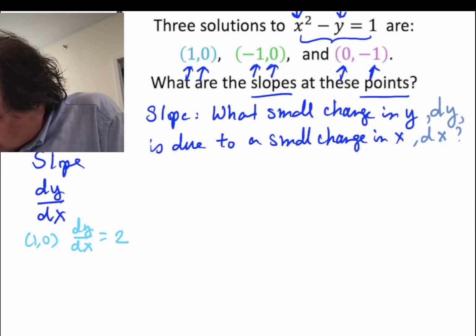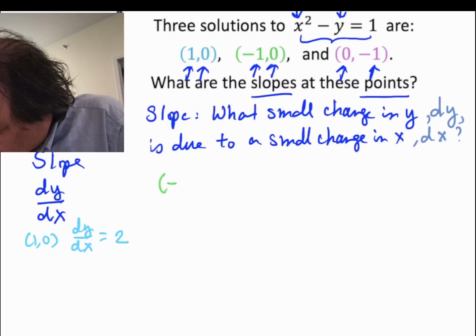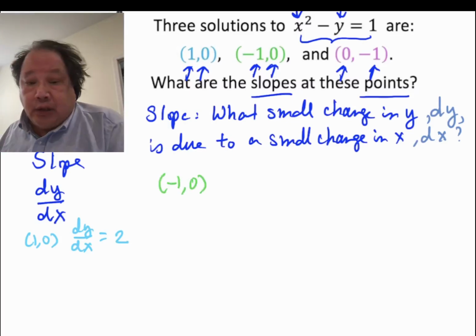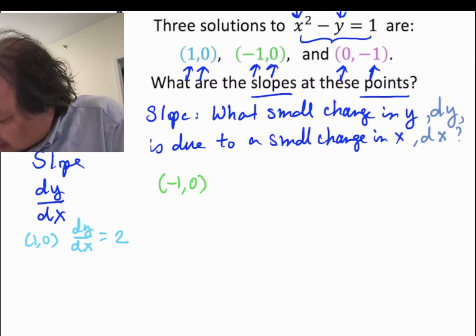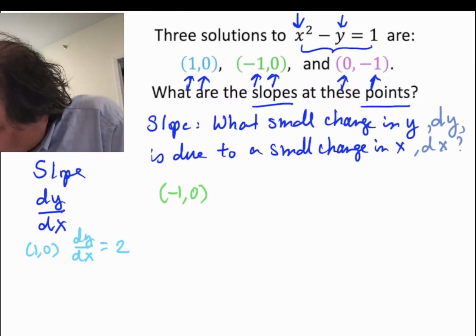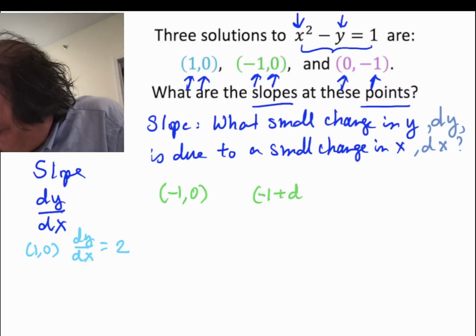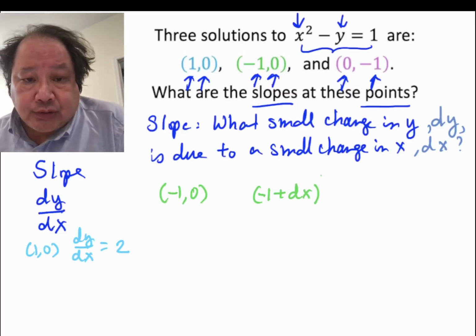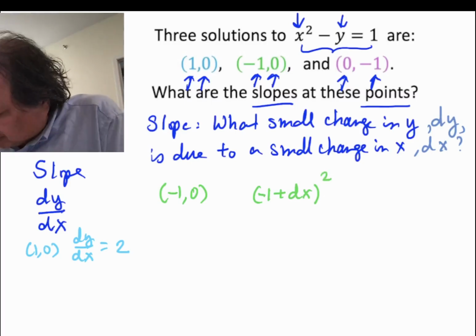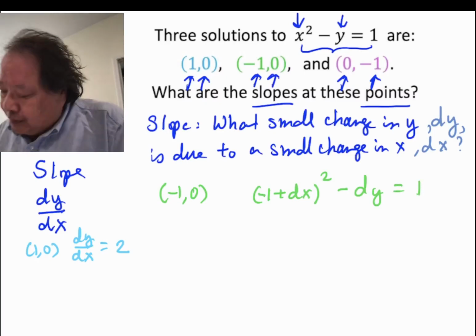We're going to look at the point minus 1, 0. So here, again, we're interested in x squared, but the initial value for x is now minus 1. And then the change is still dx, so minus 1 plus dx, squared. y's initial value was 0, so the new value for y will just be minus dy, equals 1.